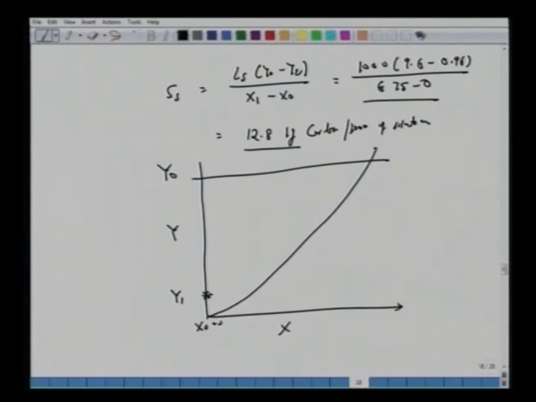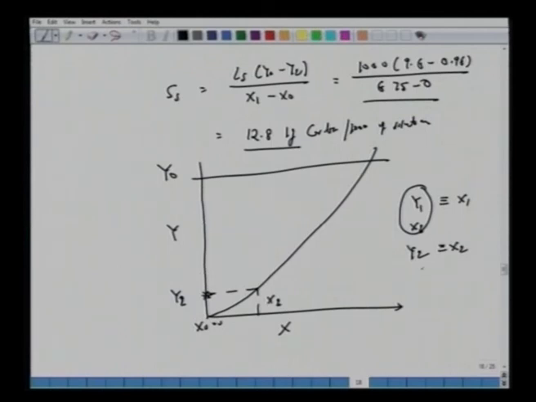All intermediate values, y1 and x1 after the first stage, are unknown to us. All we know is y1 is in equilibrium with x1, and y2, which is the exit concentration, is in equilibrium with x2. So for the first stage, if we draw starting from here, say we get x2.